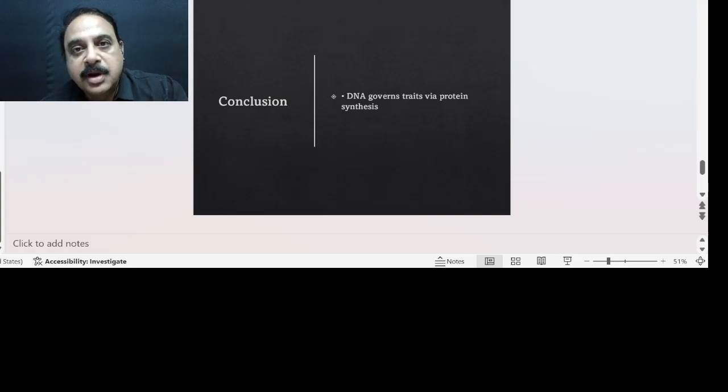In the concluding part of this module, we see that nucleic acids serve as the command center directing growth and inheritance. That's the final conclusion of this module.